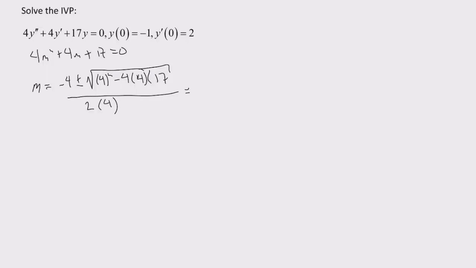And if we work that out, that's going to give me -4 plus or minus the square root of -256 over 8, which is -1/2 plus or minus... let's see, 256 square root, so that's -16i over 8.